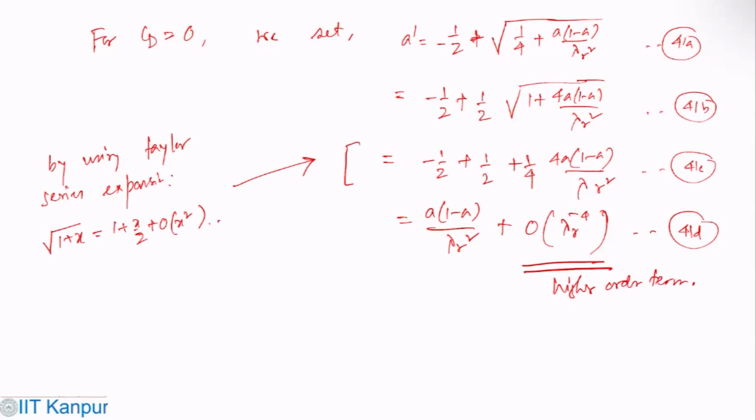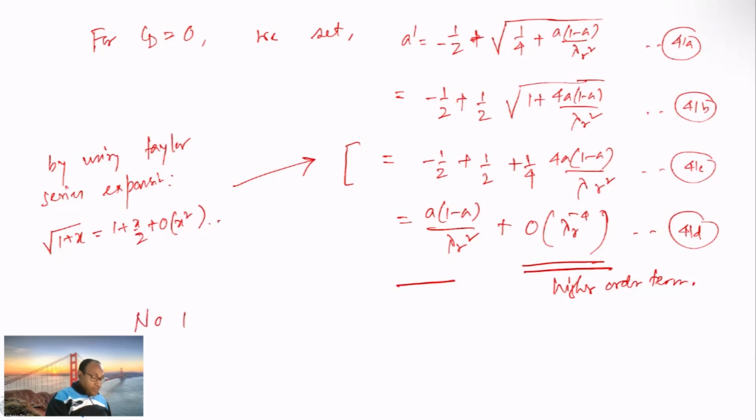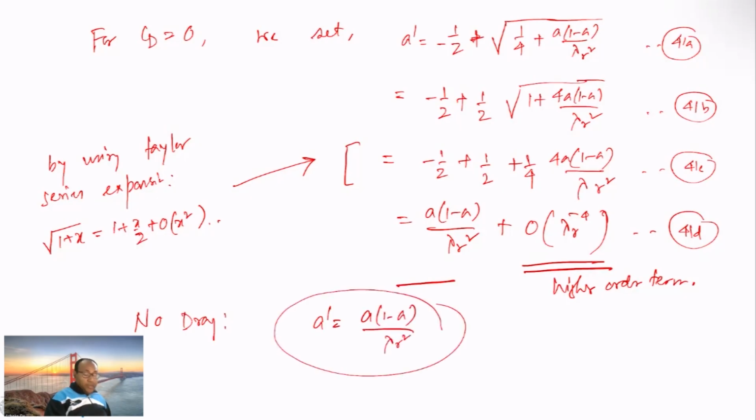That if the drag is 0, then you get A prime, which is the radial induction factor. So essentially, in the no drag condition, your A prime is A into (1 minus A) by lambda r square. That's the relationship.